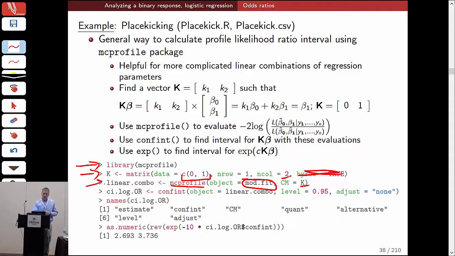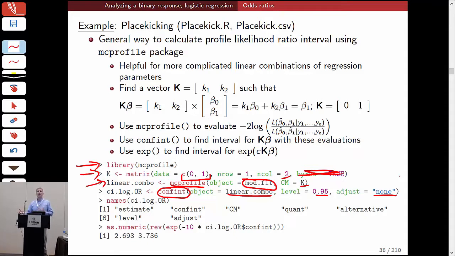I'm going to put all the results then into linear.combo. Then, using that, I'm going to apply the confint function to it. This is actually a different confint function that exists inside the mcprofile package itself. So confint(object = linear.combo), 95% intervals, and I'm going to say adjust equal none. You'll see what adjust means later on. And so that's going to find then my confidence interval for this linear combination that I just formed.